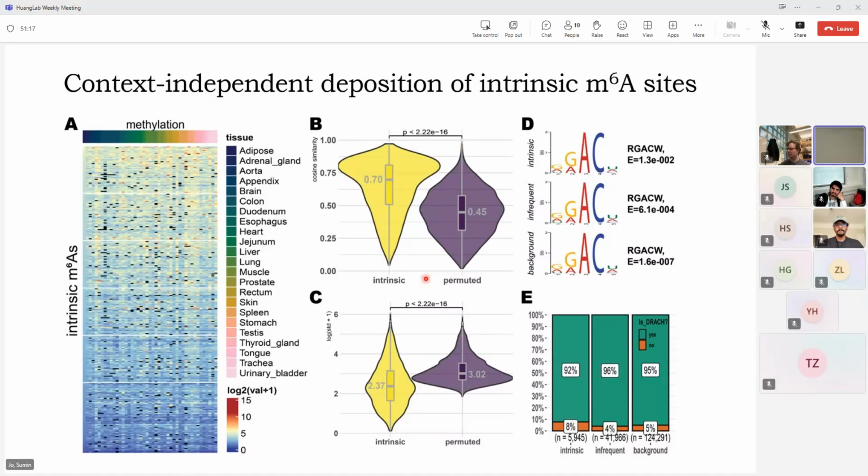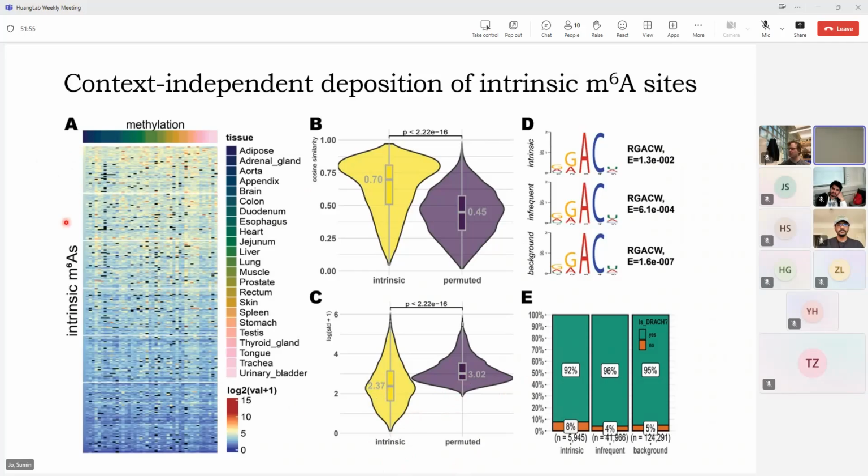I analyzed the cosine similarity of the methylation level across the tissue types between intrinsic versus the permuted methylation level. What we can see here is the intrinsic sites have significantly higher cosine similarity of methylation level across tissues. And also the standard deviation of methylation across tissues of intrinsic sites compared to the background is significantly lower.